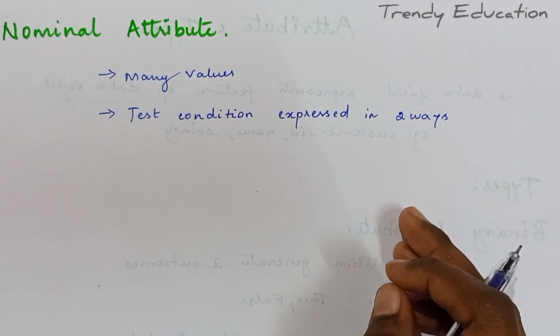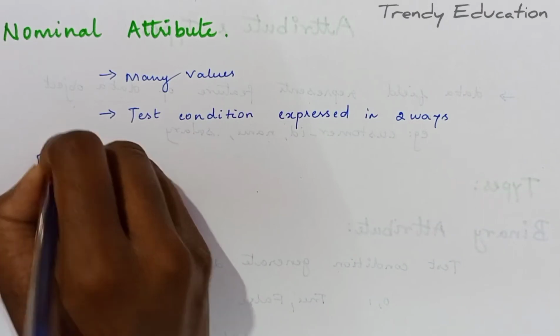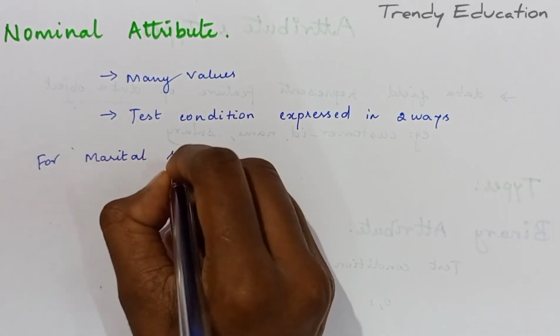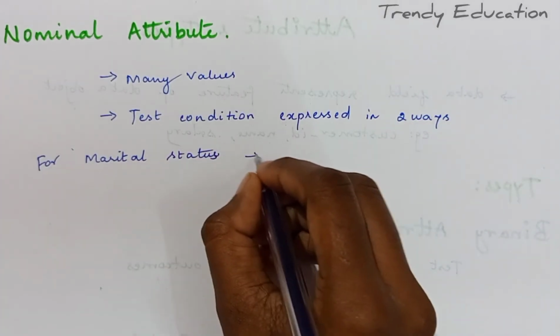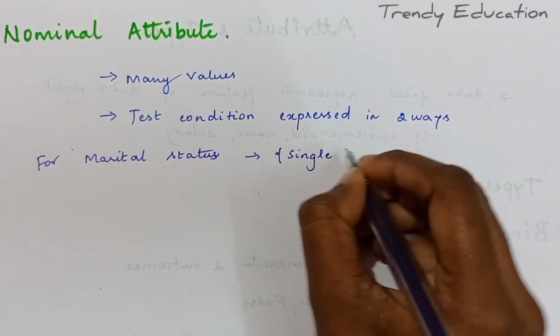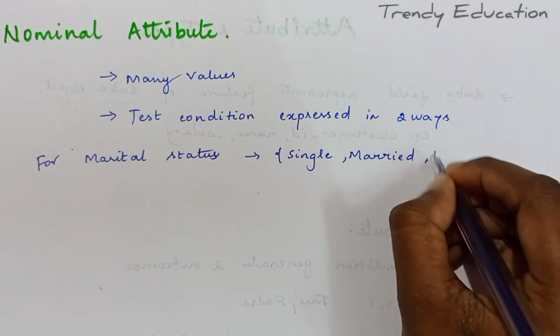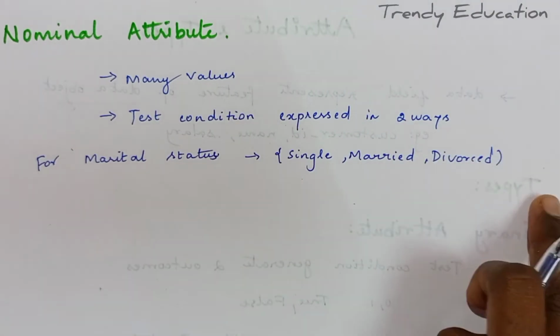For example, let's take marital status. What are the three attribute values? Single, married, divorced. So these are the three values we have in marital status.